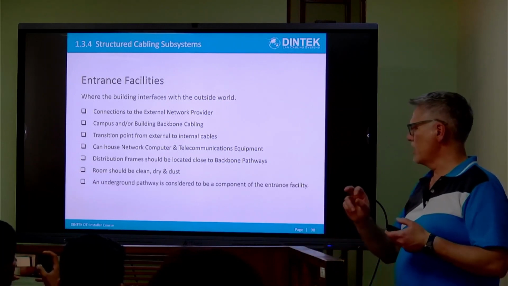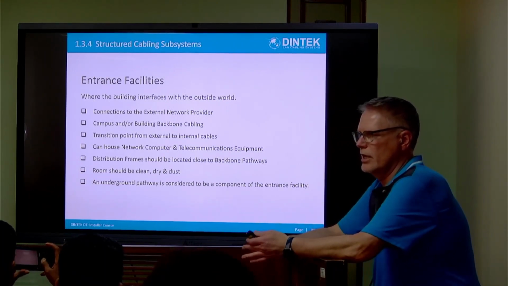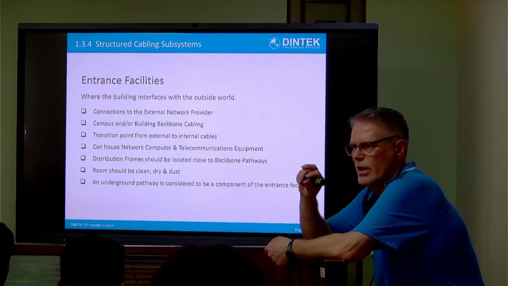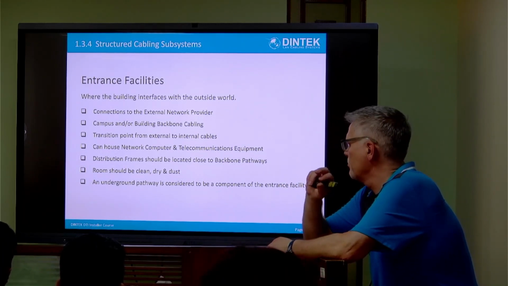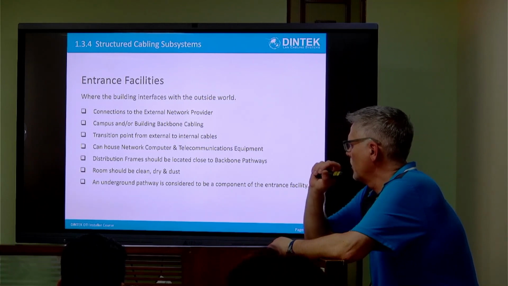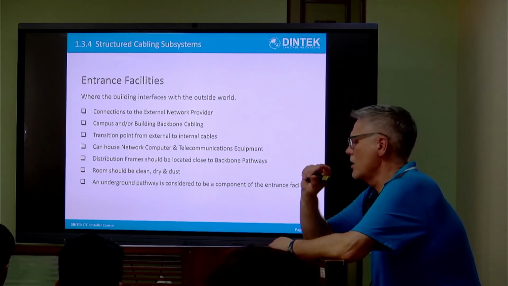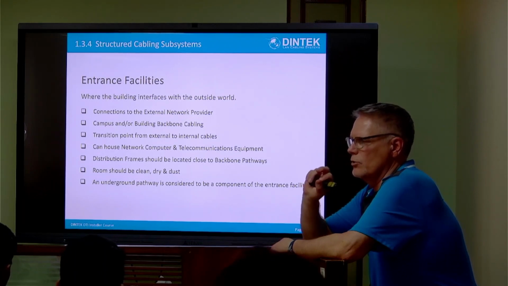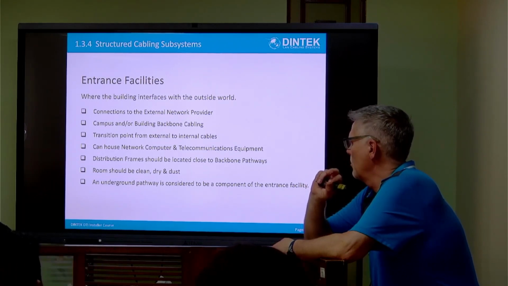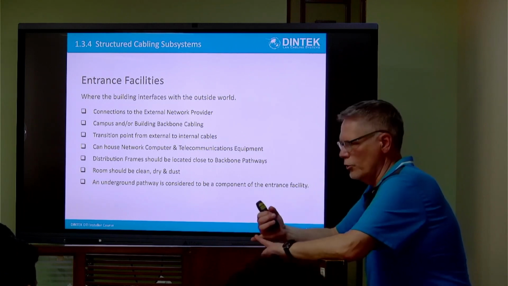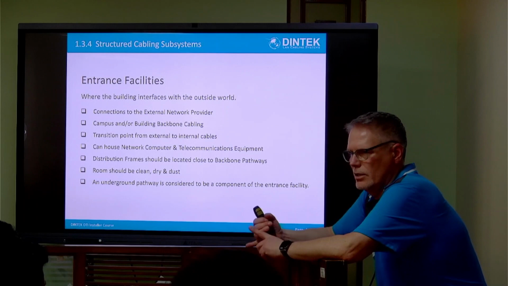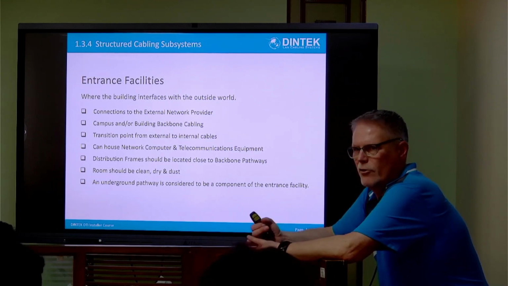The standards do have certain requirements when it comes to these different subsets of a structured cabling system. And although some of them you can probably get away with, some of them you really have to make sure that you do. But some of the "should be" things would be like an entrance facility should be clear of dust, should be clear of moisture.